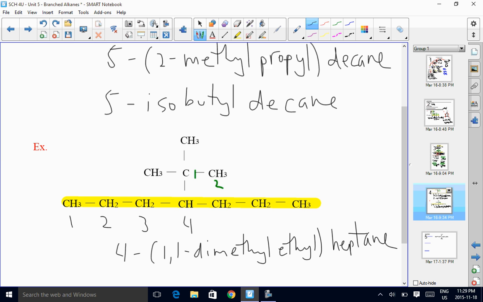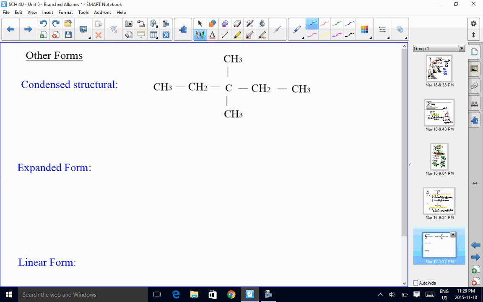All right, last one here. These are just how you would write it. First one is called condensed structural. Condensed structural is when you show the dashes between the carbons, but you put the H's with the C's. You condense the H's around each C. Now, how do you know how many H's to put? Well, carbon bonds 4 times.